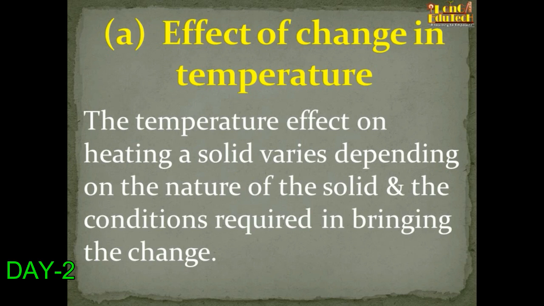For iron to change its state, it takes a lot of temperature. We have to heat above 1000 degrees Celsius, right? And to melt an ice cube, we don't need that much temperature, right? So it depends on the nature of the solid.